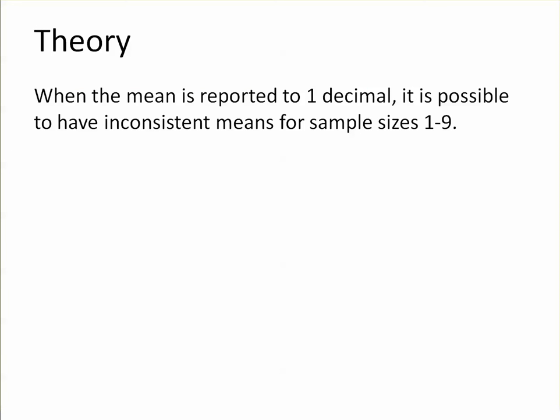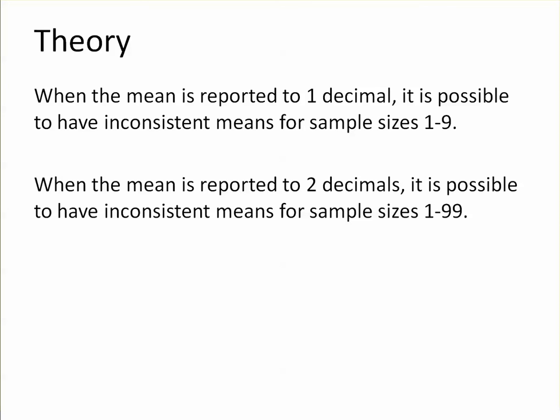So going back to theory, when the mean is reported to one decimal, it is possible to have inconsistent means for sample sizes 1 through 9. Once you get above that, everything will be consistent. When the mean is reported to 2 decimals, it is possible to have inconsistent means for sample sizes 1 through 99. Once you get to 100, everything is consistent, and so on.